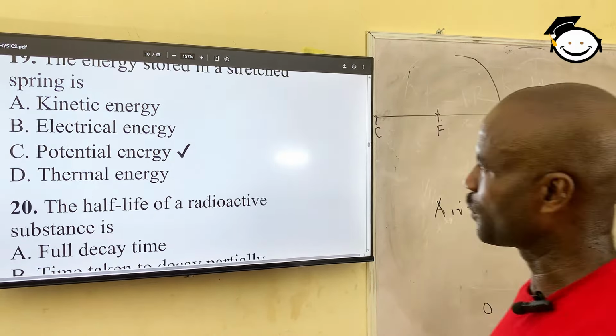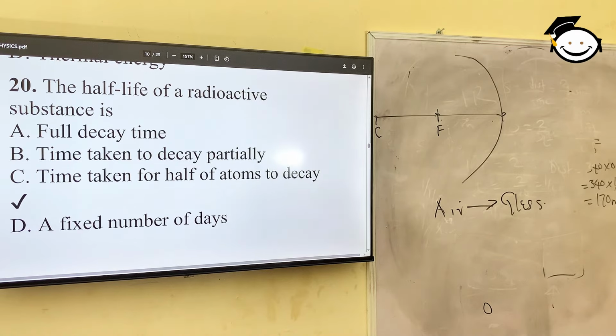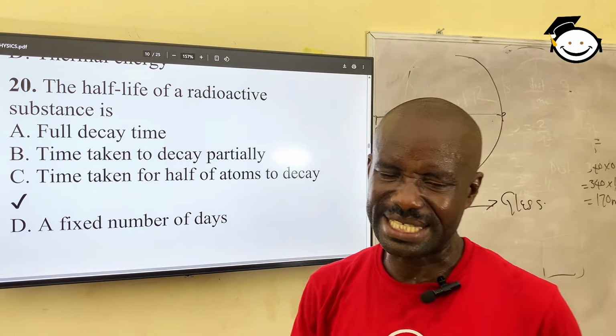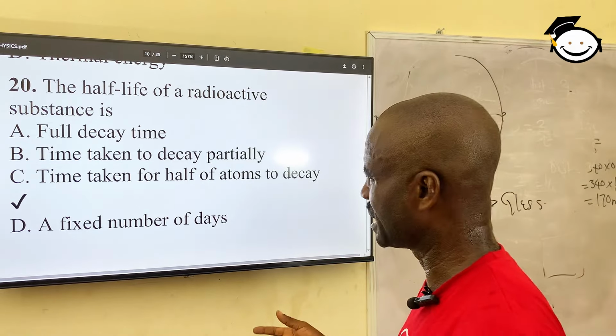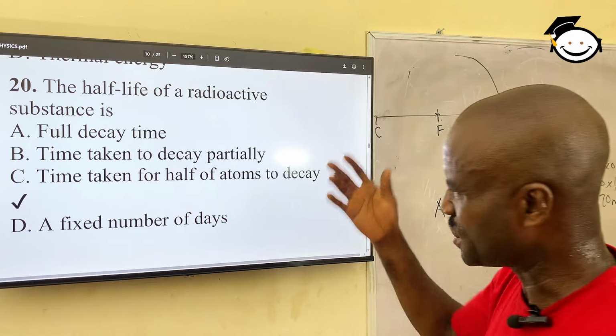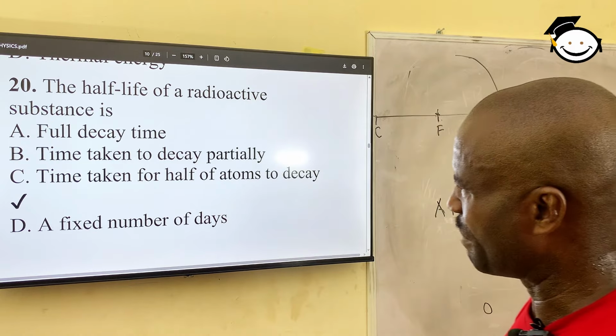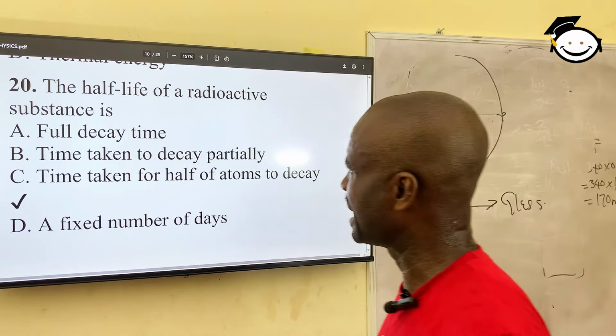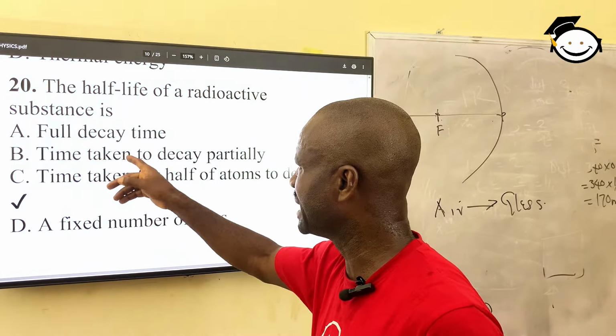Question 20. The half-life of a radioactive substance. Half-life is defined as the time it takes for a substance to break down by half of its original mass. Is it the full decay time?